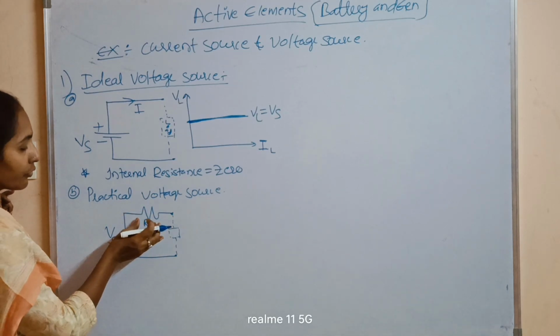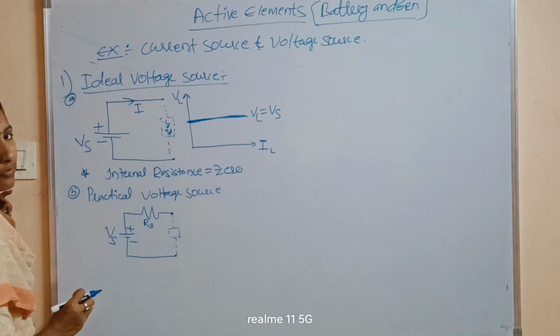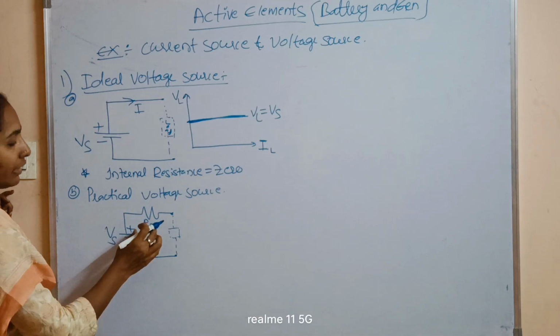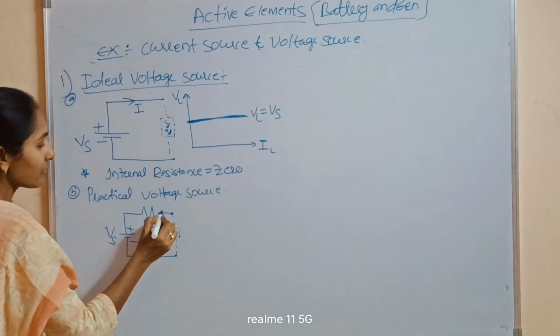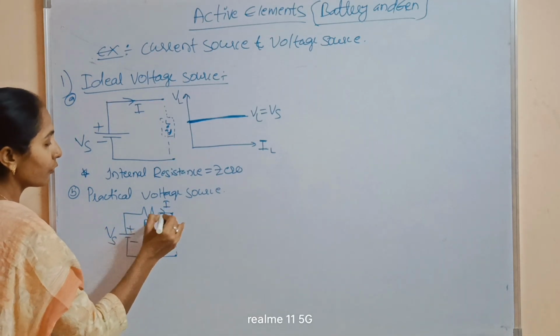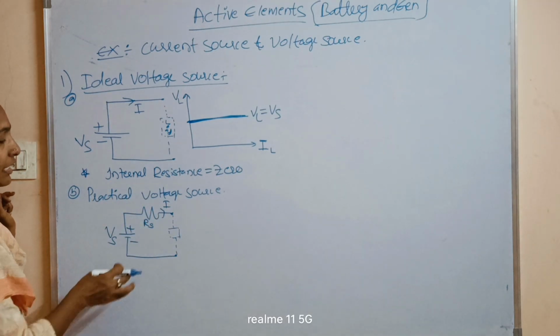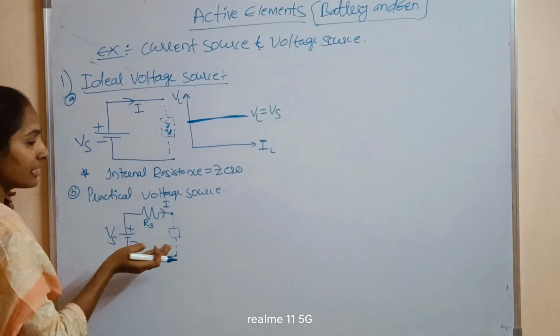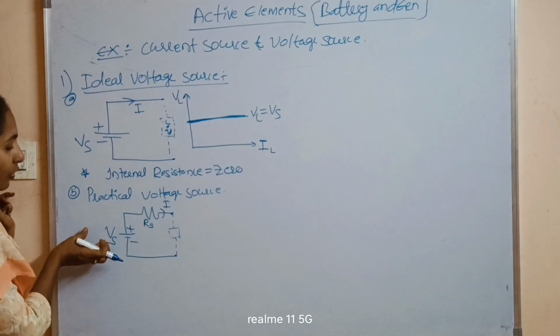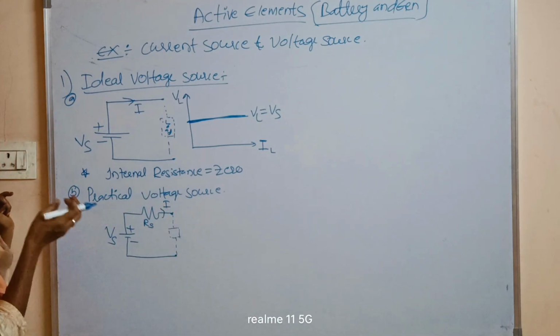Due to this resistance, the current flowing towards the load changes, and when I change the current, the voltage across the load terminal varies.